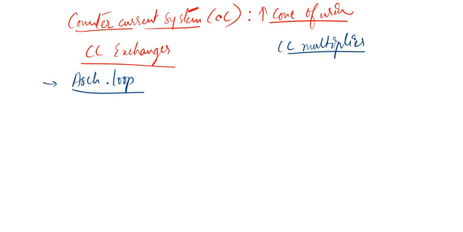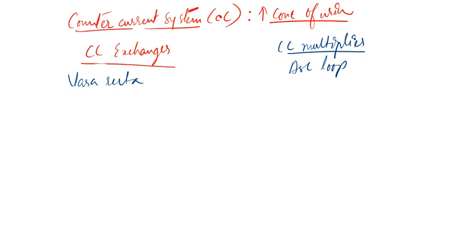Counter current exchanger is present in the vasa recta, right? And counter current multiplier is present in the ascending loop. So what does the counter current exchanger do?